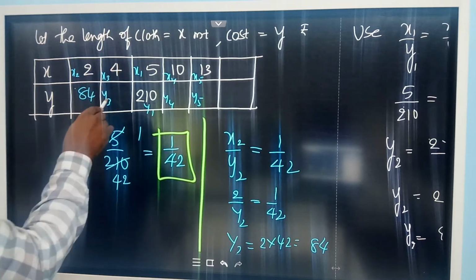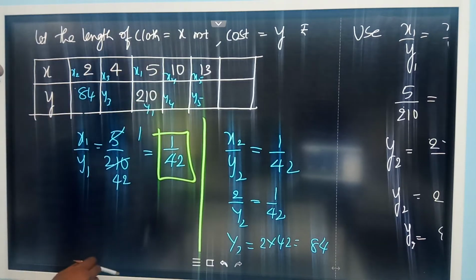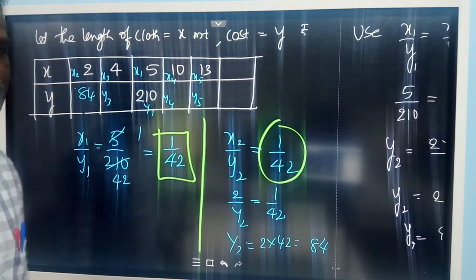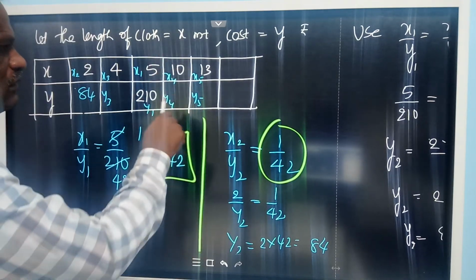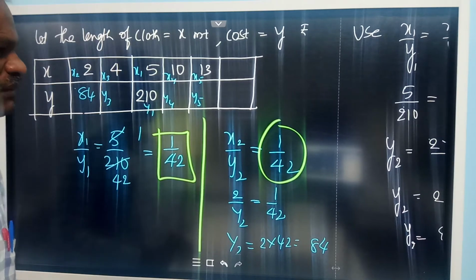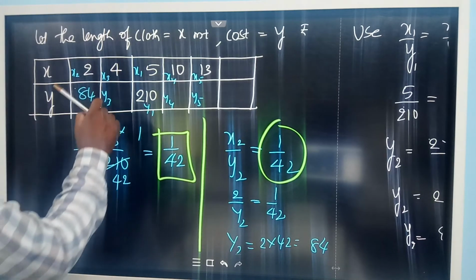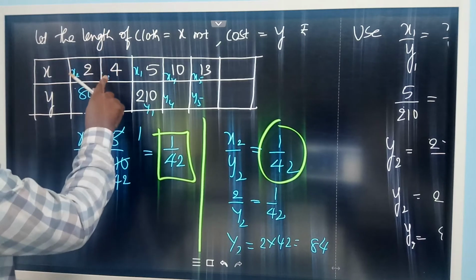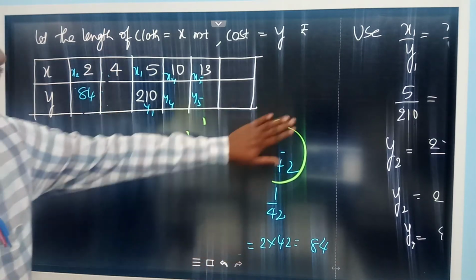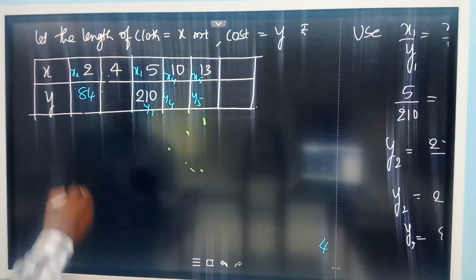Similarly, you can find y3 by equating to 1 by 42. Any ratio equated to 1 by 42, you will get the unknown number. You can do the remaining yourself. Can you tell me the answer for x3, y3? Sir, 168.